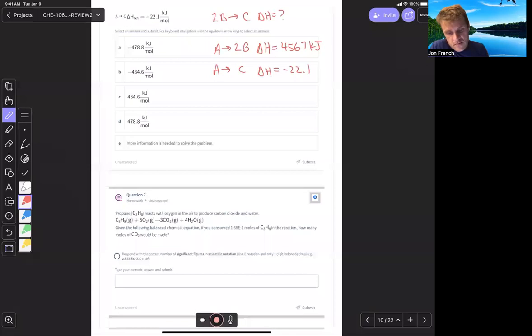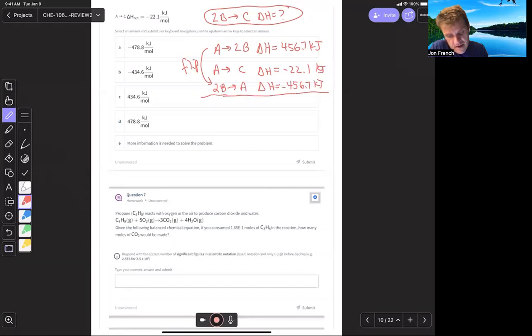So we want to know delta H for this reaction. Well, I'm just going to flip that top reaction. That gives me 2B goes to A. That flips the delta H to a negative 456.7 kilojoules. All right, now I can add them together and A cancels out.